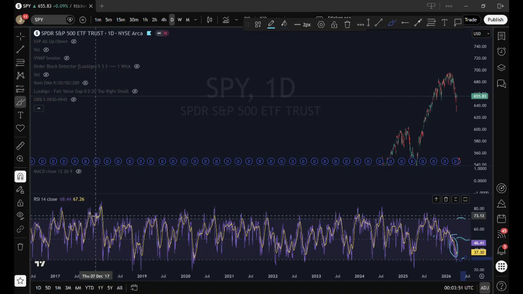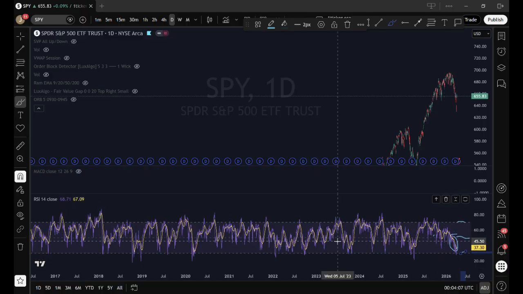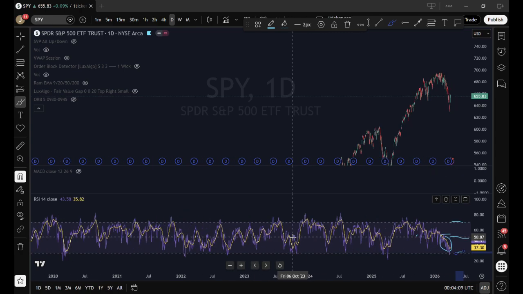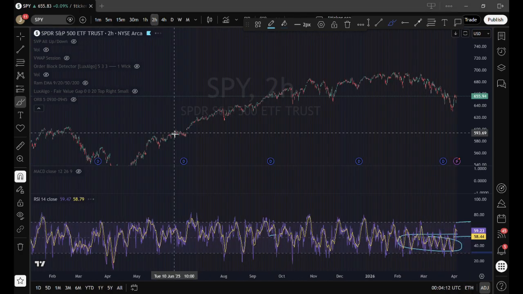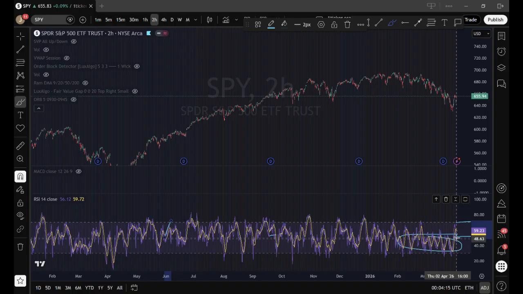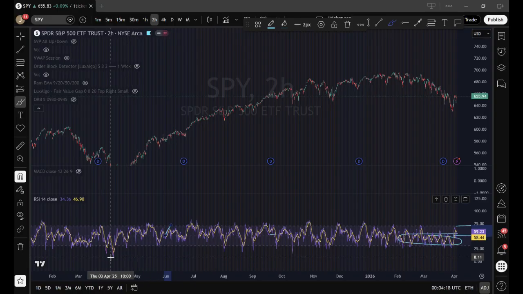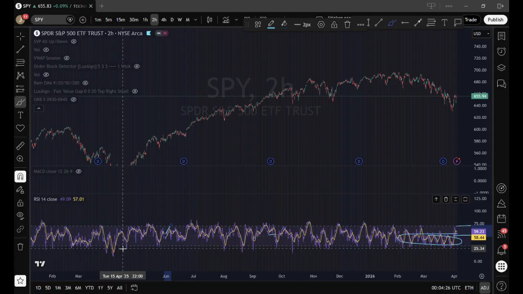Like right here, when the RSI went all the way up to 84. If it went up to 70 and you bought put options, you would have gotten burnt. And the same if you bought whenever it got oversold, right here, down to an 8. If you bought call options at 25, you would have still lost some money.